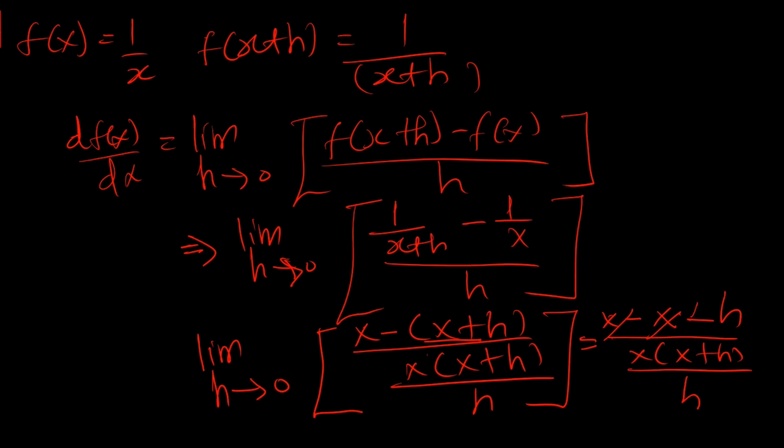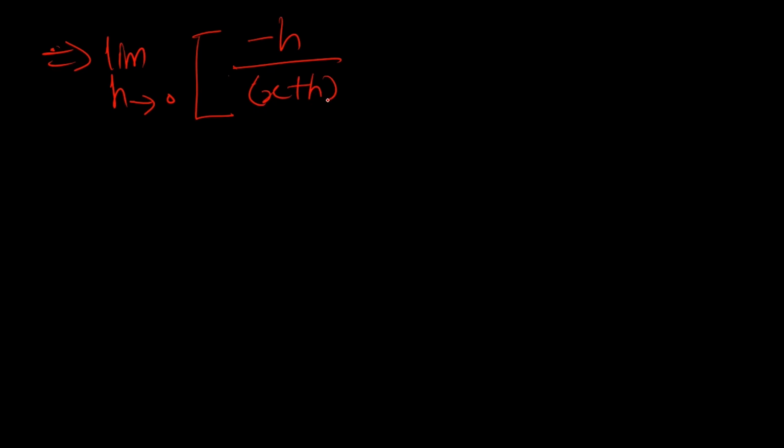Let's write it on a different surface. So this is how the expression becomes, because it was negative h all over x multiplying (x plus h) divided by h.